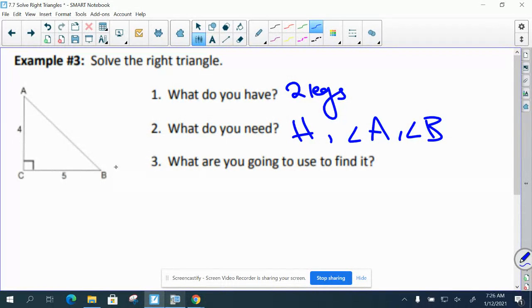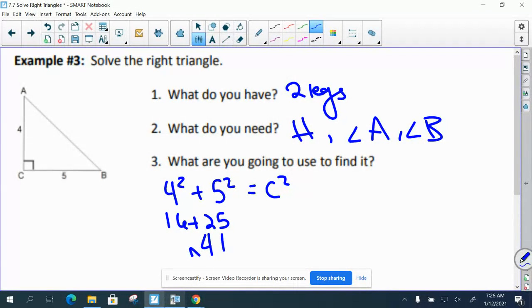This is not a 3, 4, 5 right triangle because the hypotenuse would be the 5 and it's not. So let's do 4 squared plus 5 squared equals c squared. This would be 16 plus 25, which is 41. And I'm pretty sure 41 is a prime number, so we will just leave it as the square root of 41.